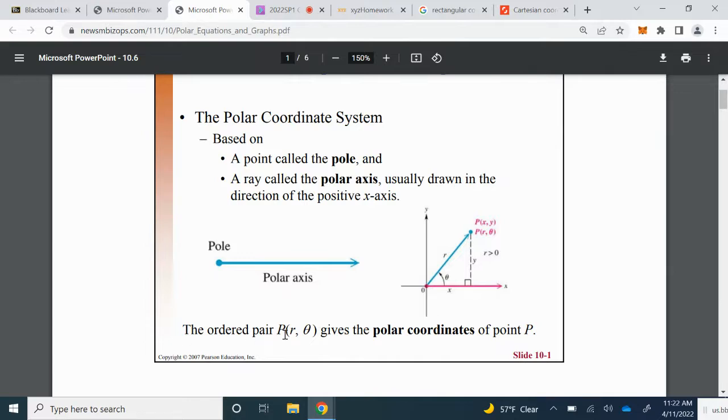The ordered pair coordinate of a polar point is in the form r comma theta, where r is the radius, the distance from the center to the outer rim if you're dealing with a circle, and theta is the direction or the angle measure.